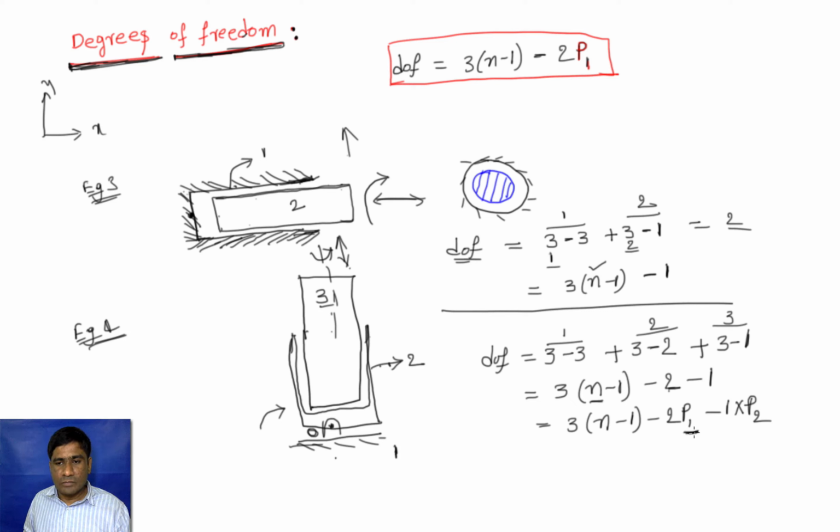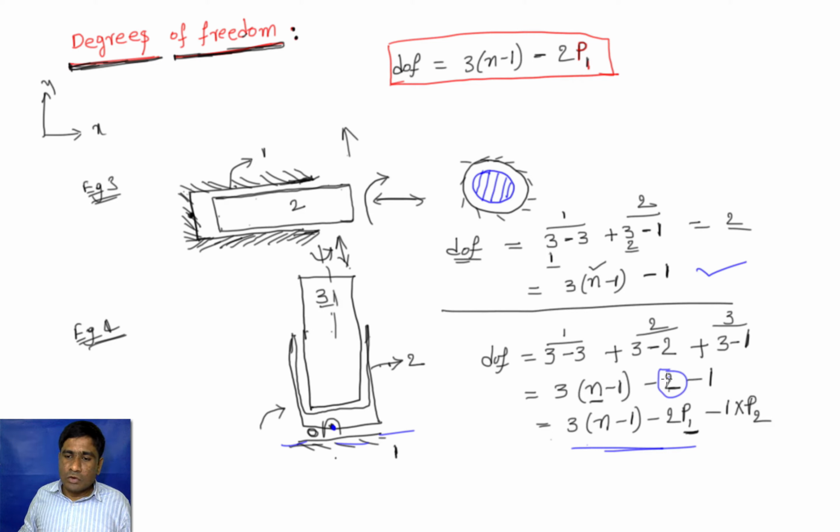So where p1 we have already seen. What is the p1? And if I compare this equation with this equation, in the above equation this 2 is missing, but here in this equation we got 2. That's because we got some hinge joint, and because of the hinge joint we got one extra pair of links that is having degrees of freedom 1.